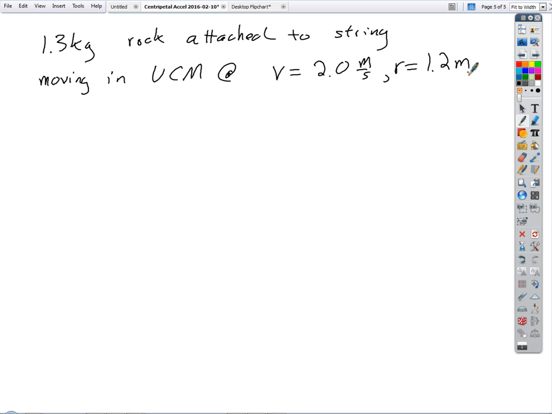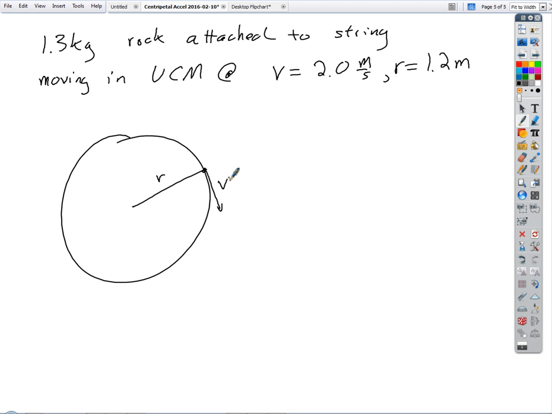Right? Because really all this is uniform circular motion. There's r, there's my speed, and so we know that centripetal acceleration is just v squared over r. So that's going to give me 2.0 meters per second quantity squared over 1.2 meters.